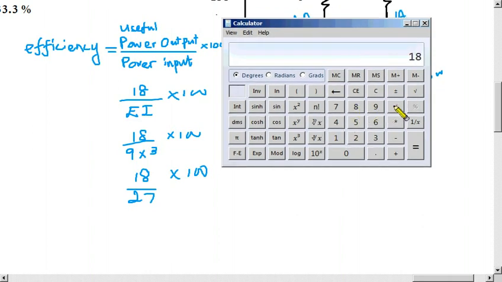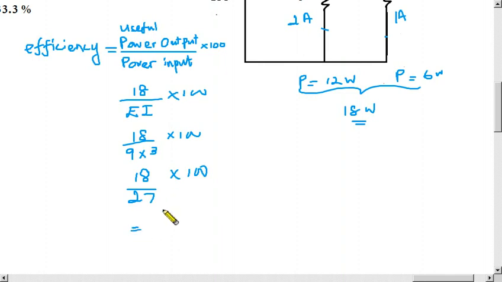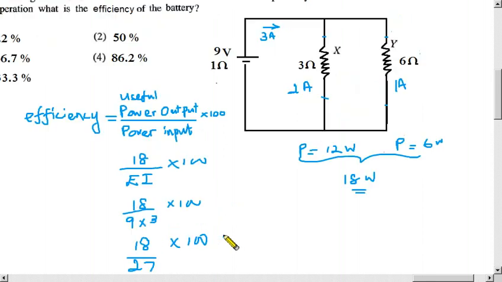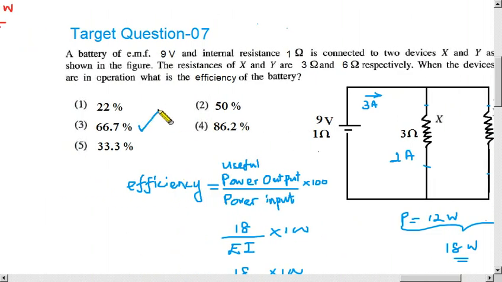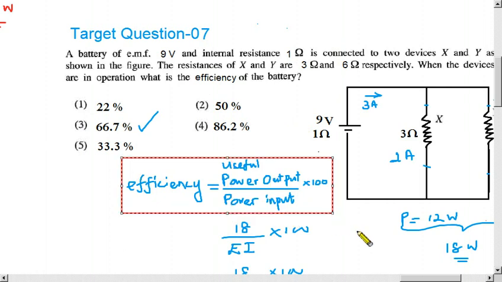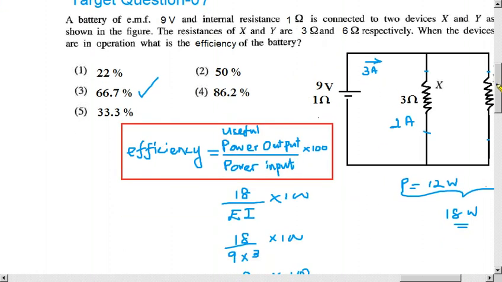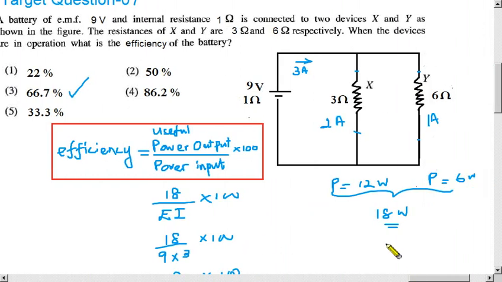Teachers can use. Times 100, 66.6 percent. So the answer is this one. So children, I think you understand. You should know this equation to solve this problem. If you know that, easily you can solve it.